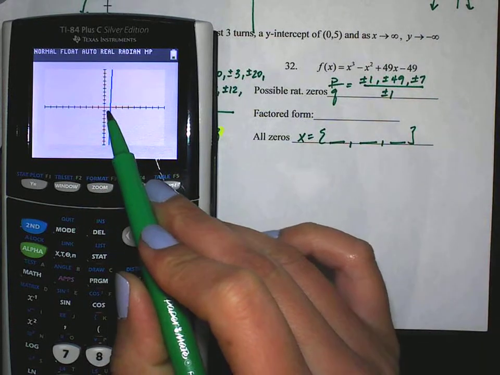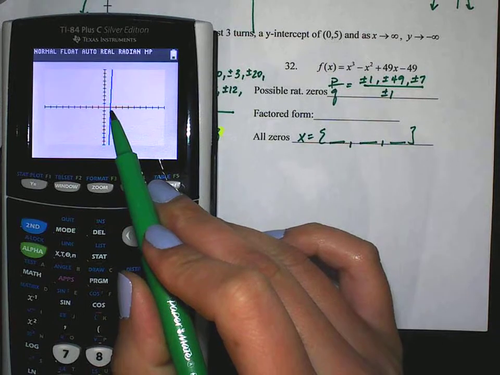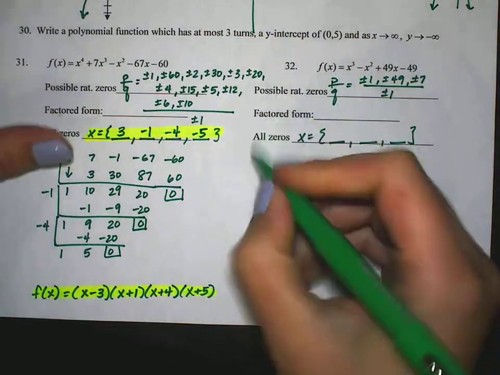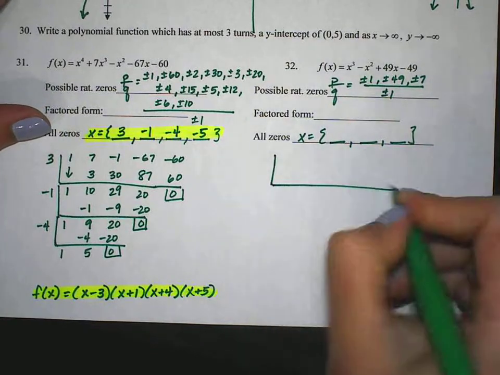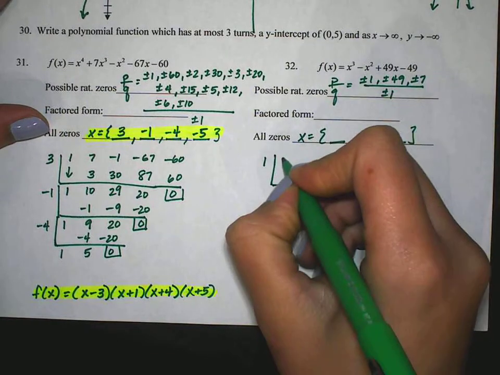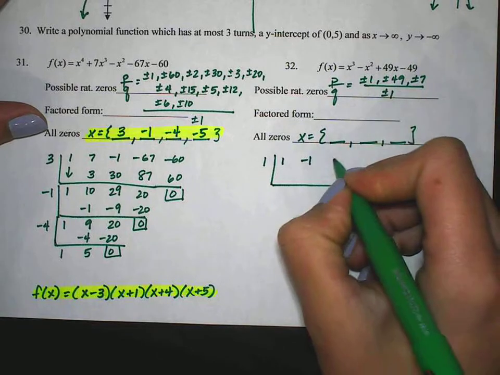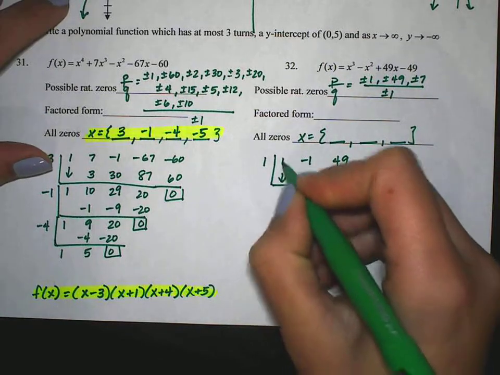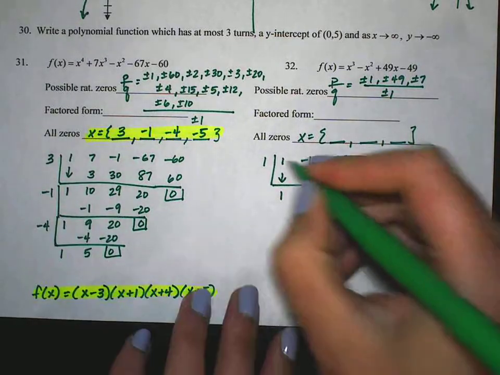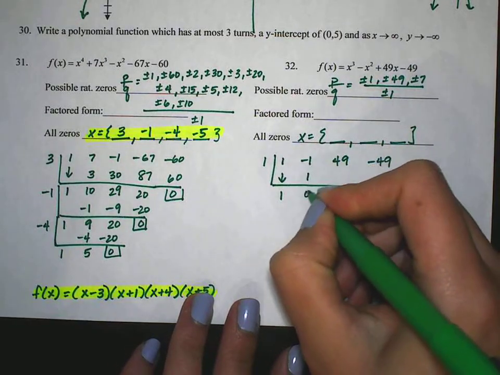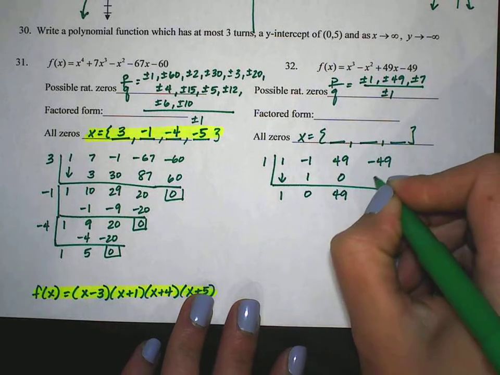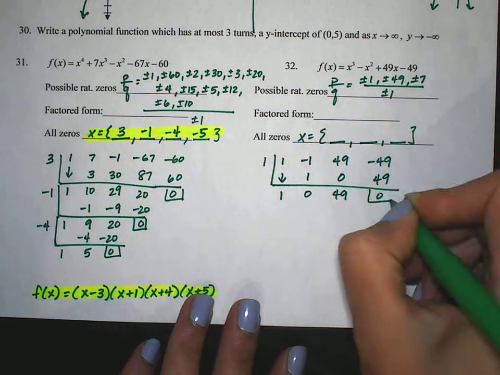Let's go ahead and run through synthetic division with positive 1. So positive 1 on the outside. I got 1, negative 1, positive 49, negative 49. So multiply. 1, 0, 49. 49 times 1 is 49. I get this 0 at the end.